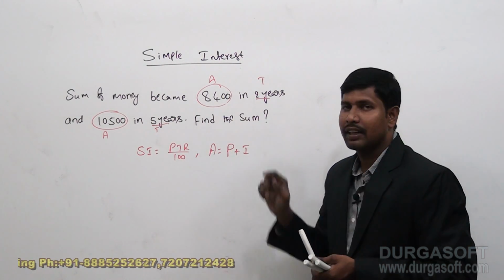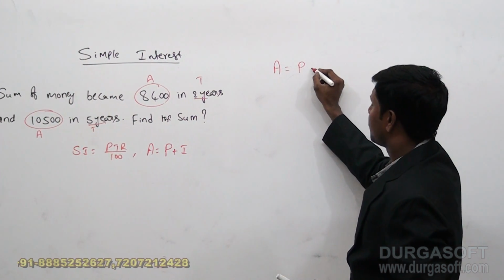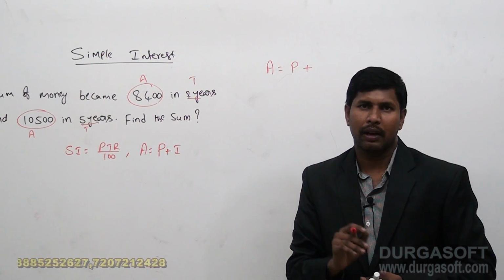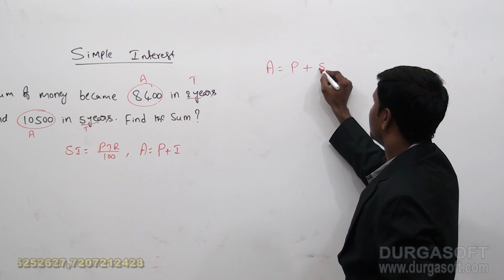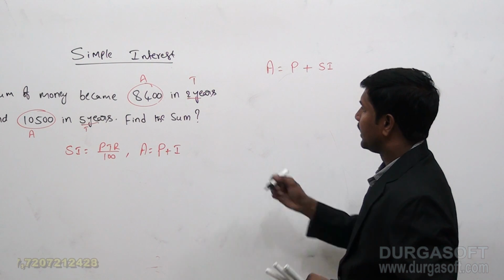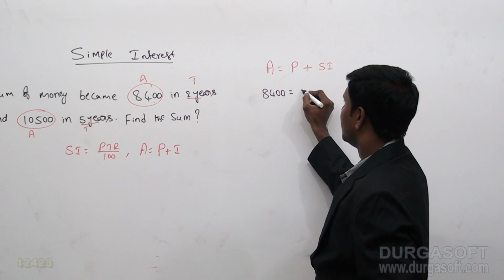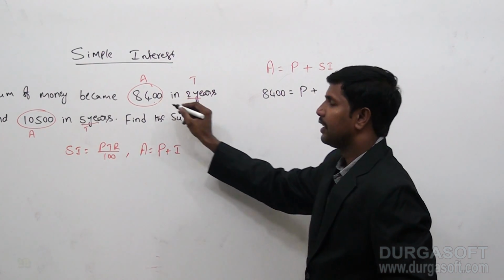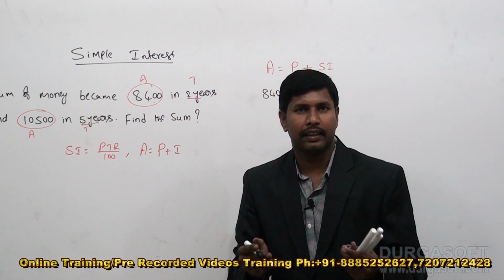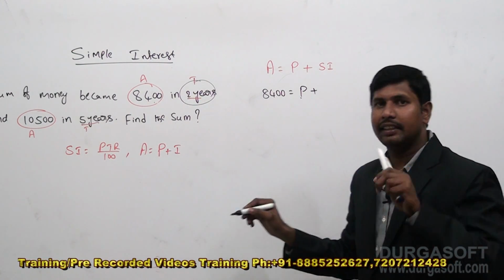So it is definitely amount. Amount is always equal to principal amount plus simple interest only. And now it is the amount after 2 years that represents 8,400 as the principal amount plus 2 years interest only.